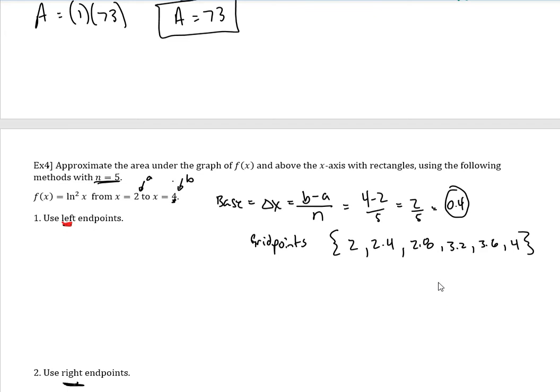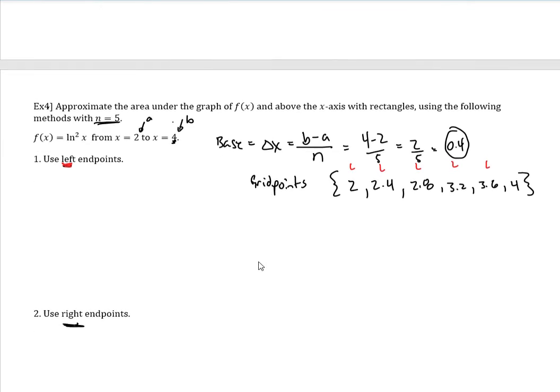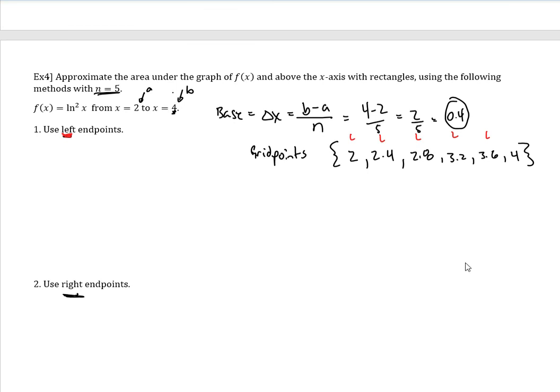I'll label it left, left, left, left, and left until I have 5. Using these grid points, I'm going to make a table that will be shared between the two of them: 2, 2.4, 2.8, 3.2, 3.6, and 4.